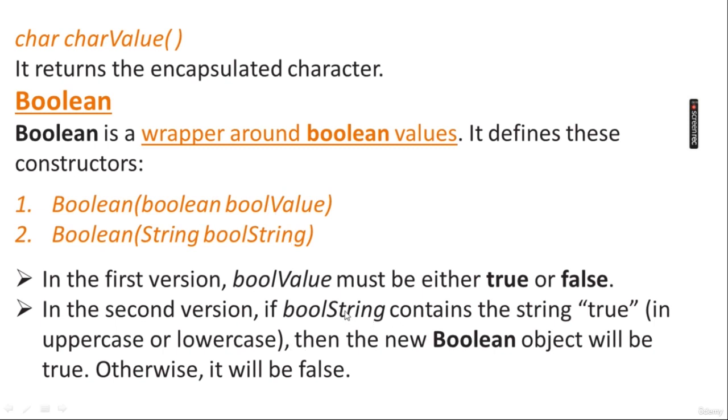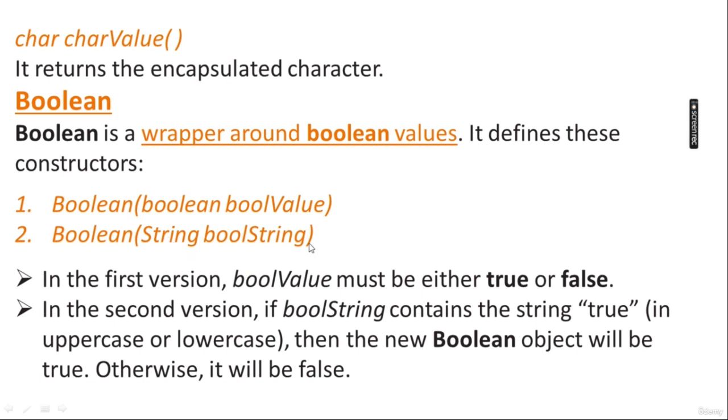In the second version, if the Boolean string contains true in double quotes, uppercase or lowercase, then the new Boolean object will be true. Otherwise, it will be false. Okay, if you are passing here in double quotes true in capital or small, it will wrap true into the Boolean wrapper class.